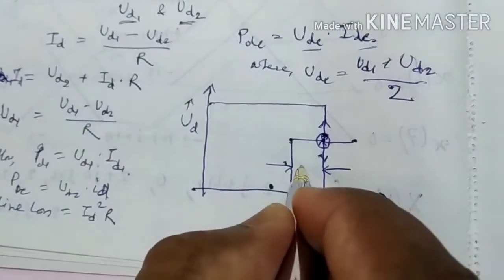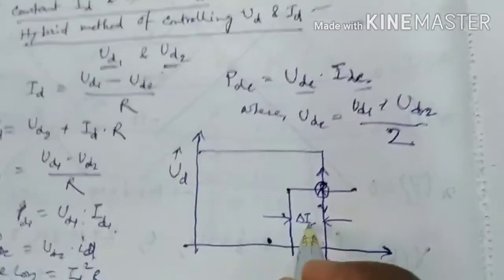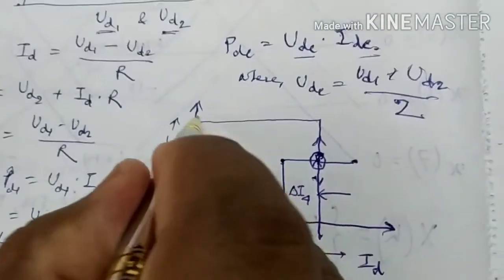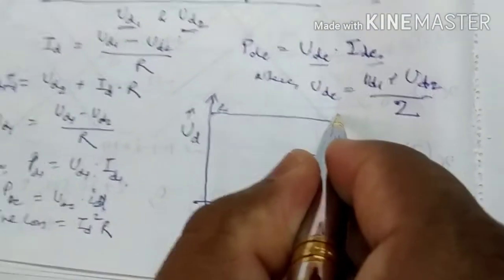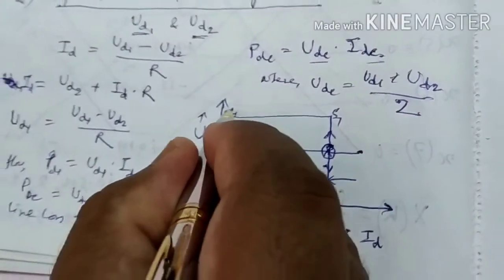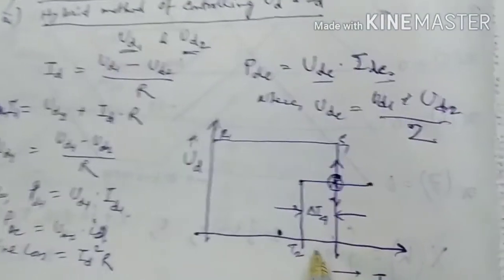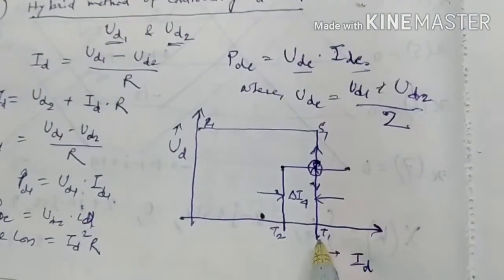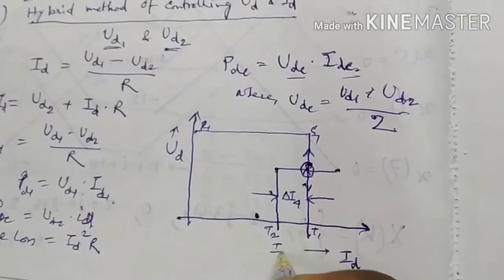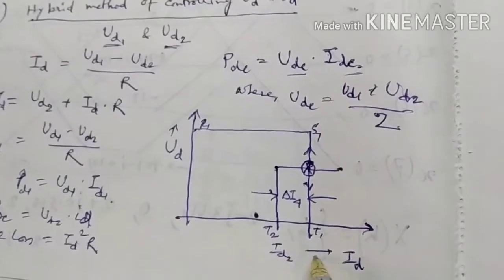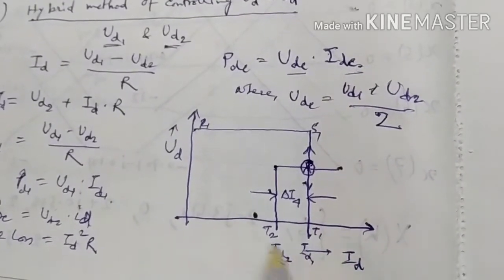This is called delta I4. This is R1, this is S1. This will be T2 and T1, corresponding to ID2 and ID1.